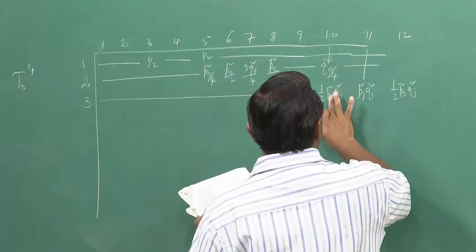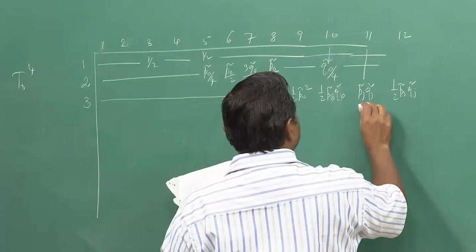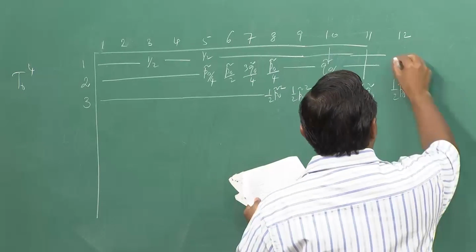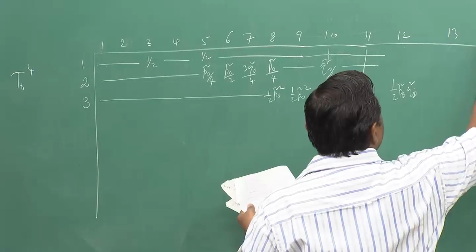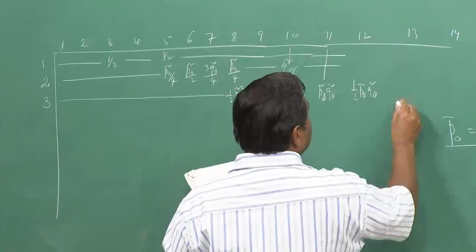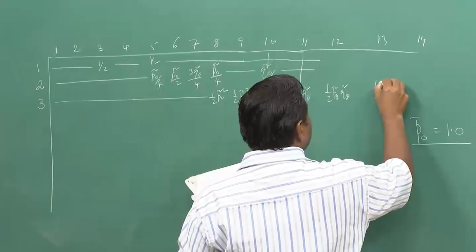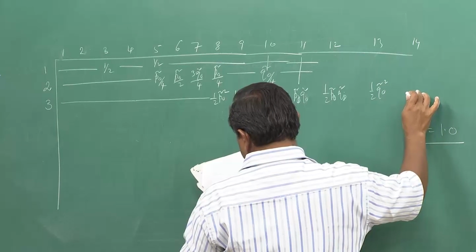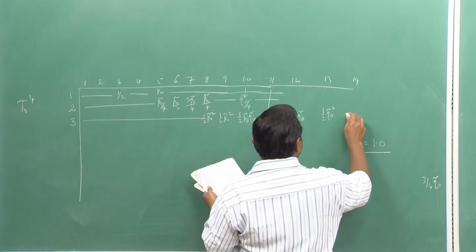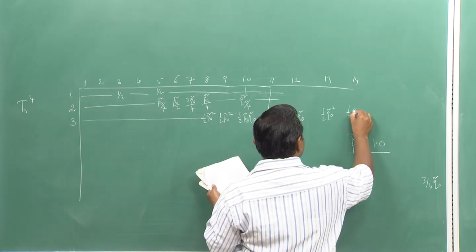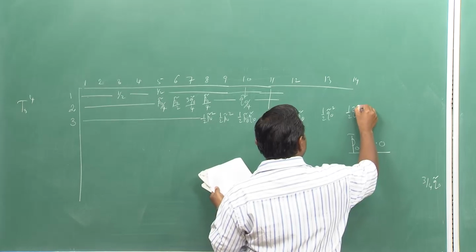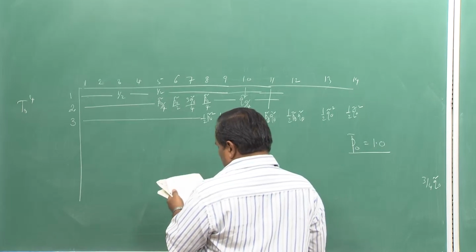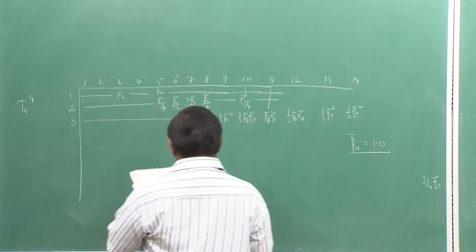In fact, all should be 0, not j. Okay. And then we have 13 and 14. So, this is half qj tilde square, half qj tilde square. Okay.